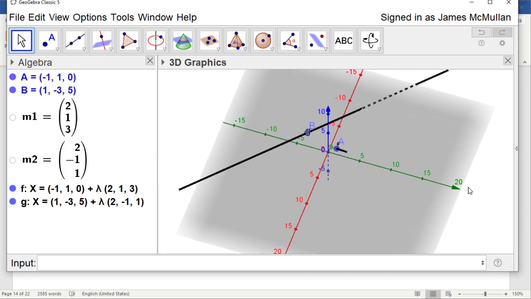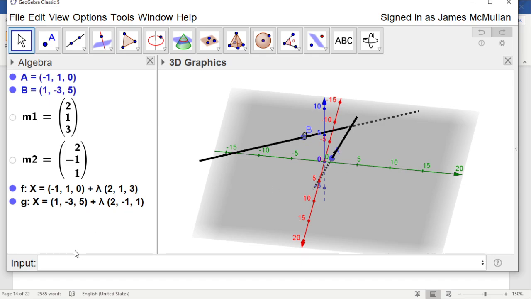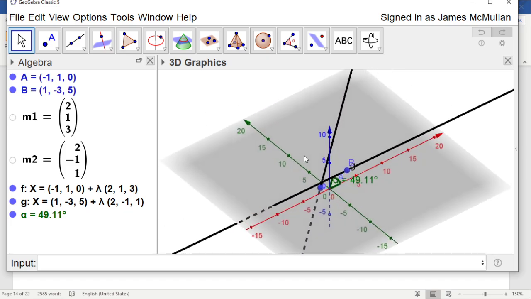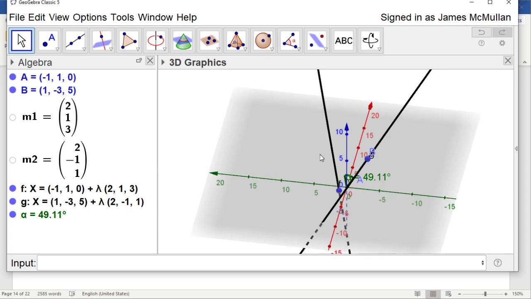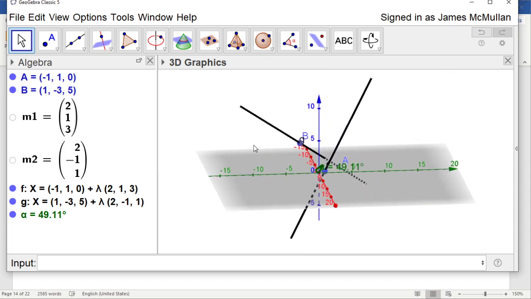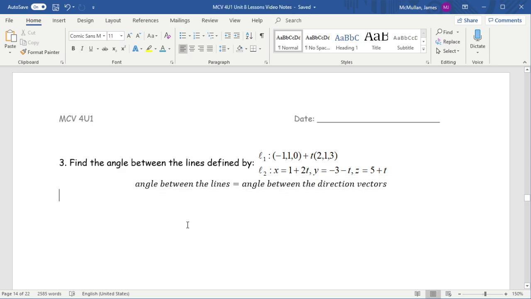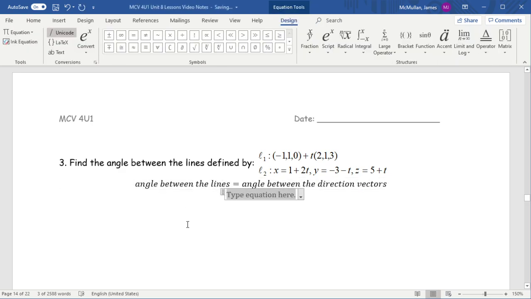So all the angle between the 2 lines means is the angle between M1 and M2, between the 2 direction vectors, which again is a difficult thing to appreciate from this picture. Maybe the demonstration doesn't really help there. It's just the angle between the direction vectors.